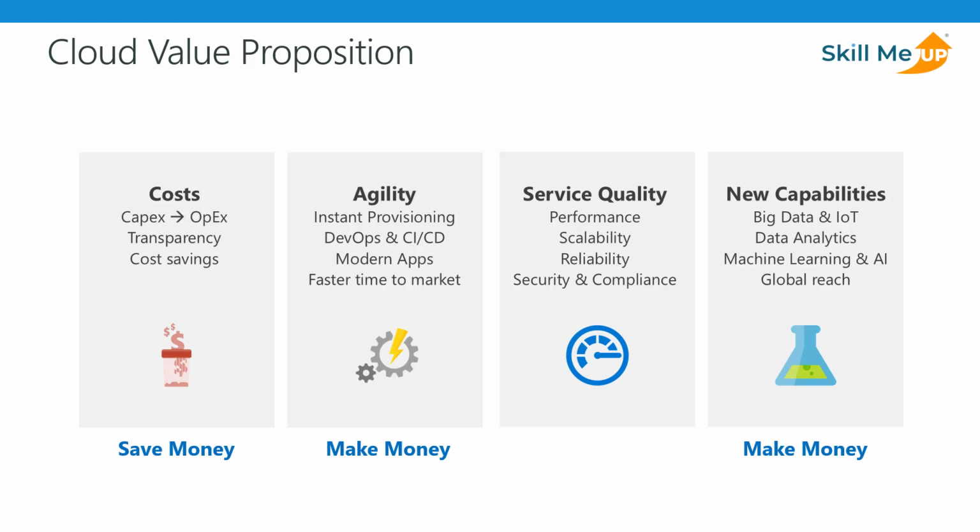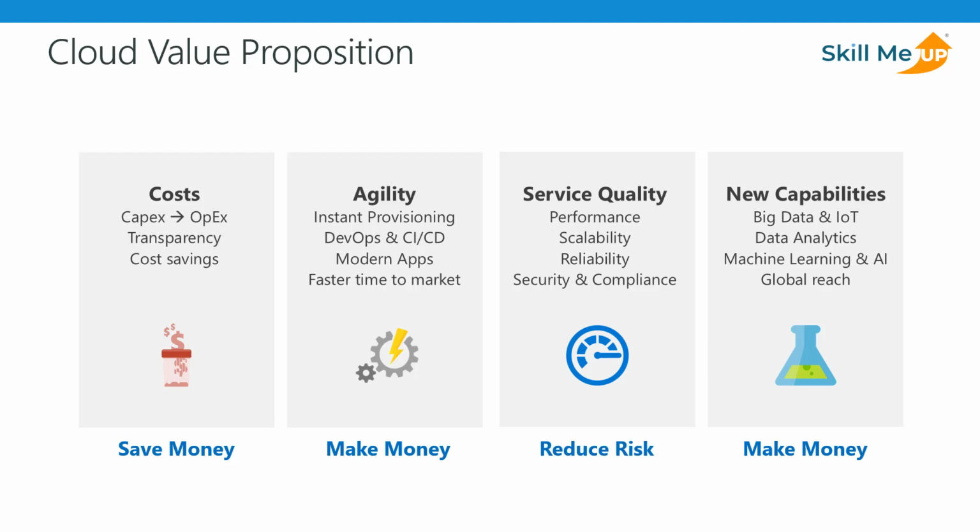As you look at this slide, we have our cost driver here, which is going to save money, but that agility, being more cloud native or utilizing cloud native capabilities, is going to help organizations to make money, to be more efficient, to be more effective, to reach more customers, and to increase revenues.